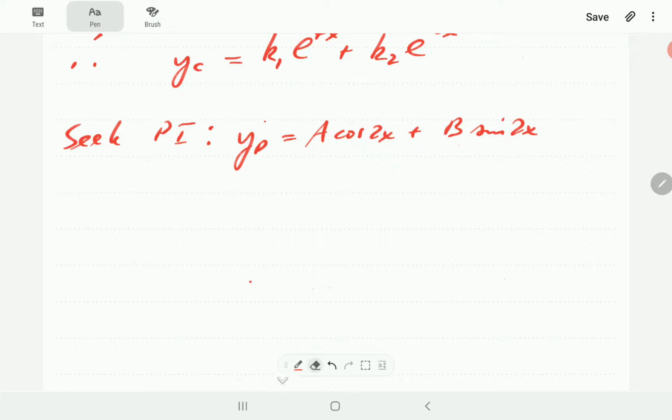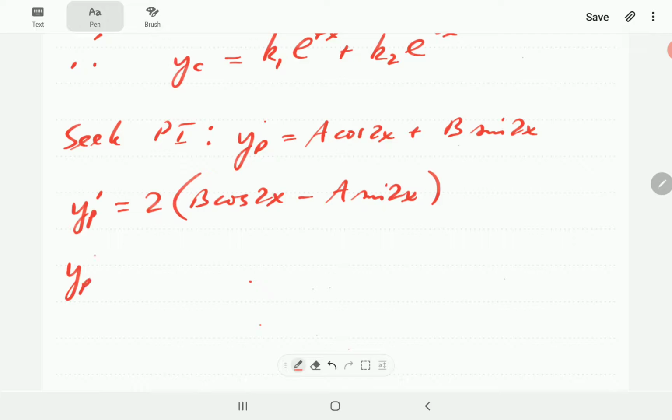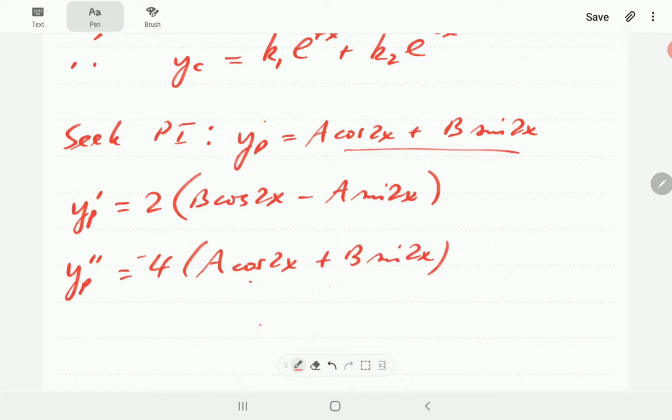So let's do the derivatives. yp prime is going to be 2 into b cosine 2x minus a sine 2x, and the second order derivative is going to be negative 4 of this one, exactly as it is: a cosine 2x plus b sine 2x.